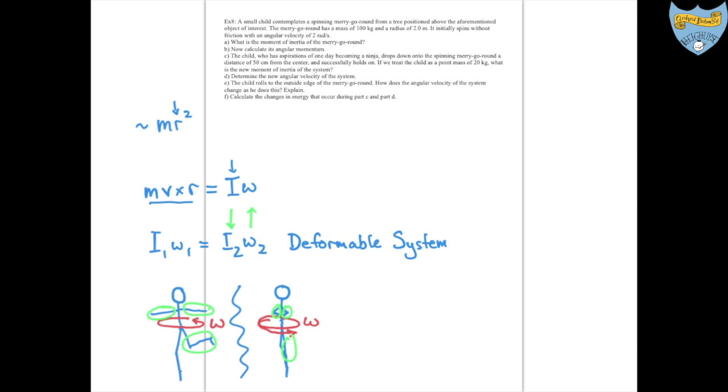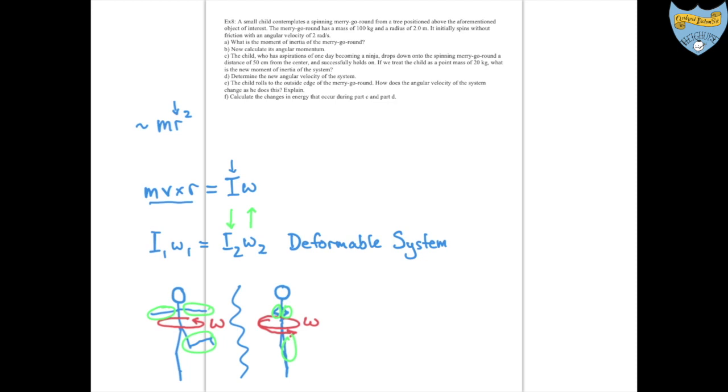So that's often how a deformable system question is going to go: there's a change in the moment of inertia because the system can rearrange, and as a result of that increase or decrease in the moment of inertia, there will be an opposite increase in the angular velocity. All right, so these are two major archetypes of questions.